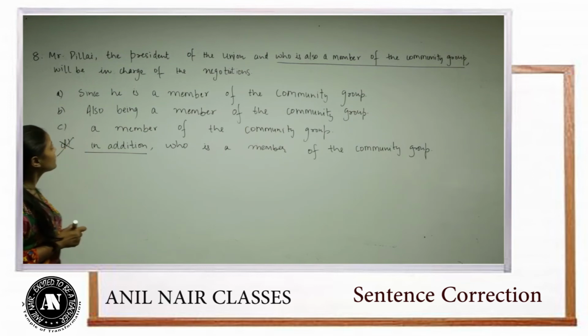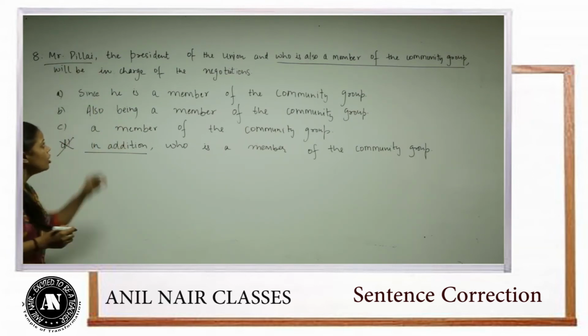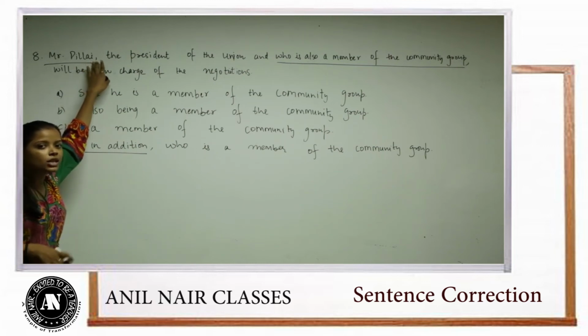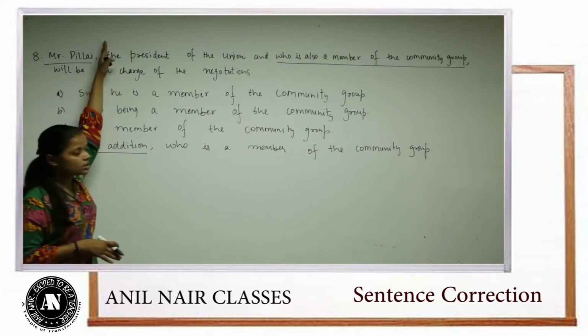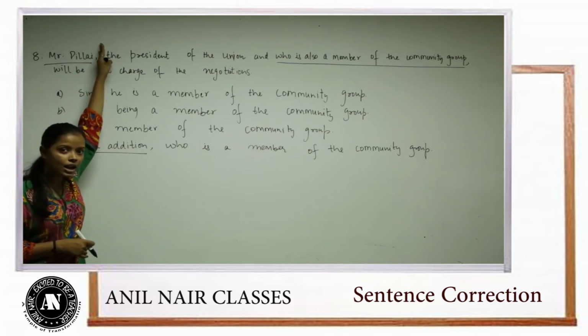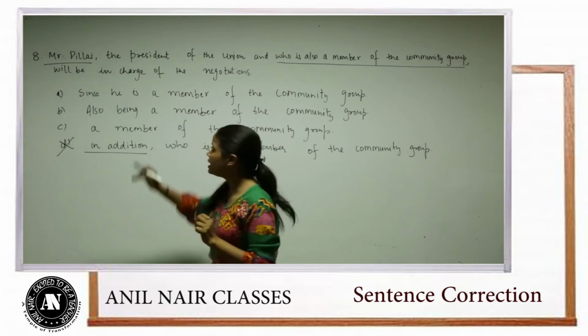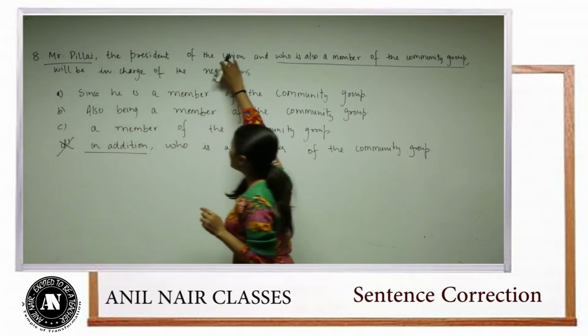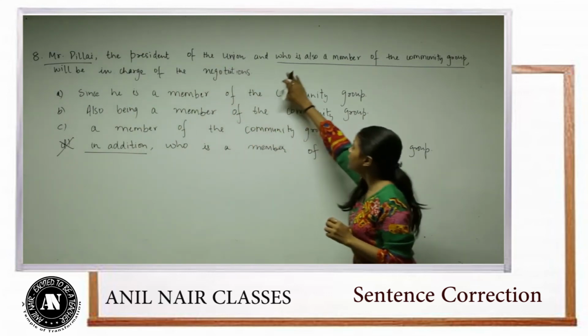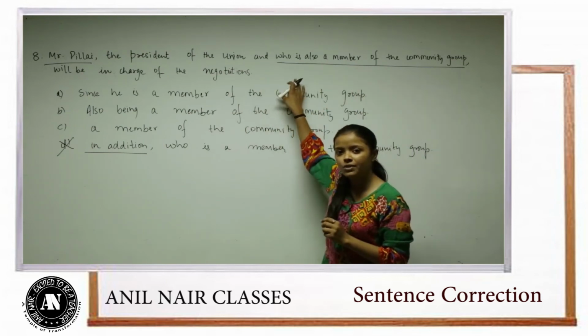See, Mr. Pillai has been separated by commas here, so that is the person's introduction. Now from here the list starts. It starts with what? An article. So now see, we have two items in this list. One says the president of the union and the other part says who is also a member of the committee group. These two are the items in my list.